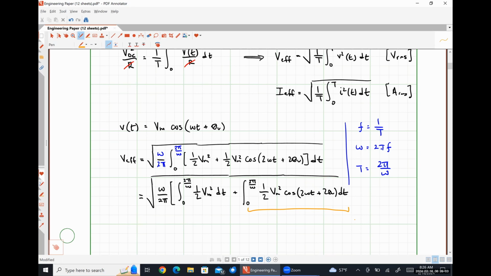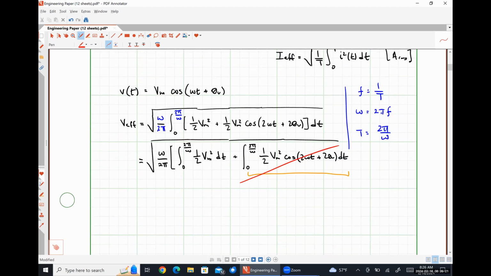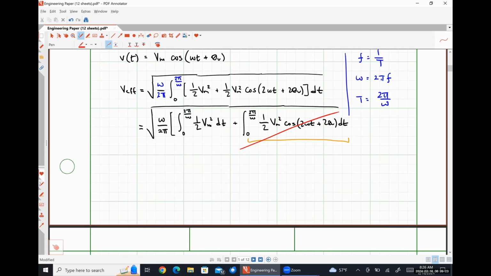So what is the integral of any sinusoidal function over an integer number of periods? 0. We showed this graphically last Friday, which means this whole big ugly term right here just goes to 0. So all we have to worry about is that first bit.